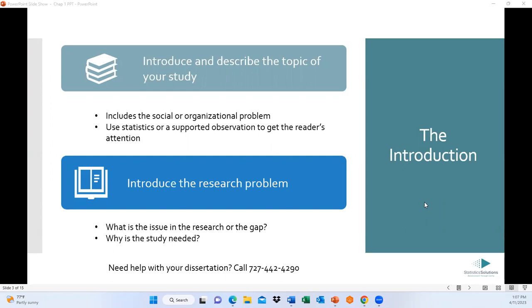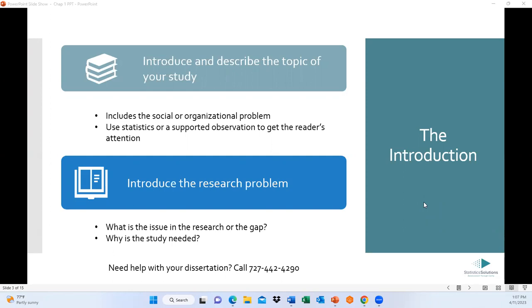Like it could be attrition in some area, like special education teachers leaving the profession at record numbers, or nursing shortage. If you're doing an education study, declining grades in a certain population or a certain area of study, right? So usually there's some kind of problem that your study is based on.